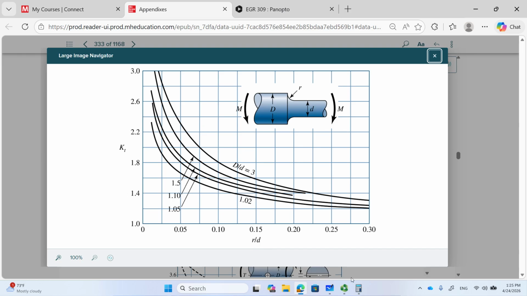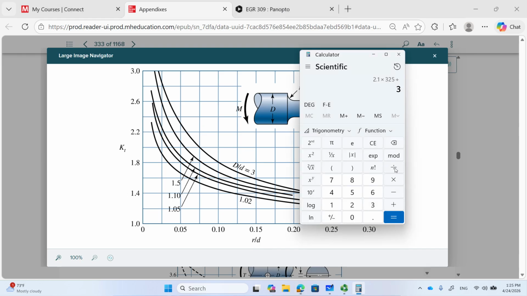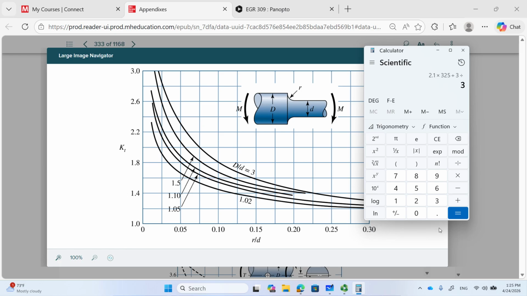Radius of fillet for me was 3. My diameter of the shaft at point C is 35. The smaller diameter, this is not right. So 3 divided by 35 gives 0.08985. So let's say 0.09, like here. But the larger diameter divided by the lower, 50 divided by 35, is 1.43.